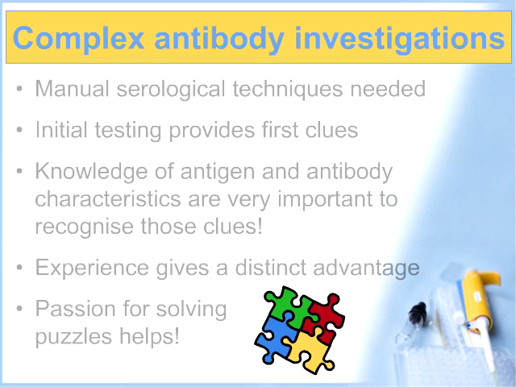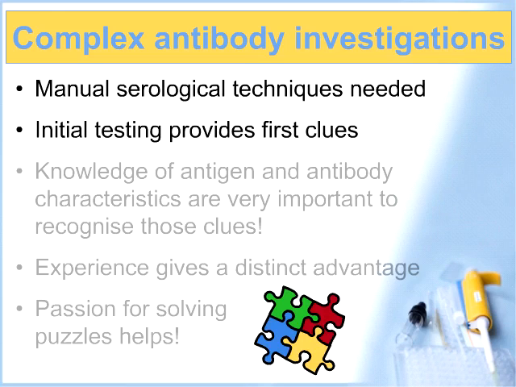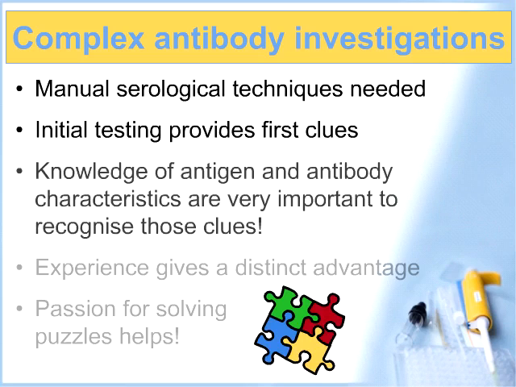When we're talking about complex antibody investigations, we really do need to use manual serological techniques. The initial testing provides those first clues as to which direction we need to go with these techniques. It goes without saying that knowledge of antigen and antibody characteristics is very important for being able to recognize those clues. I'm talking about modes of reactivity.